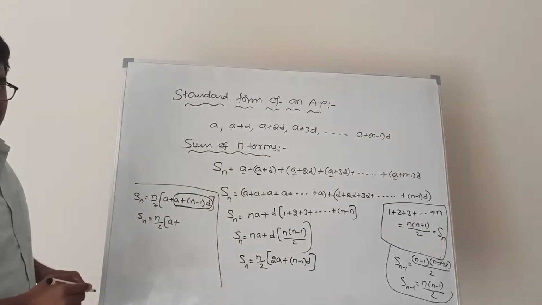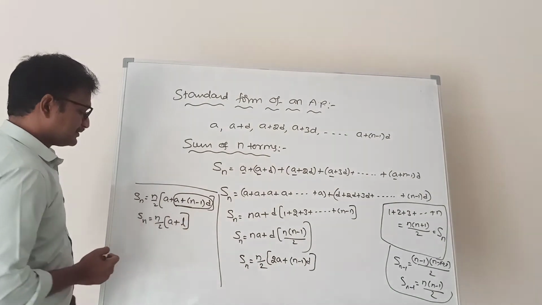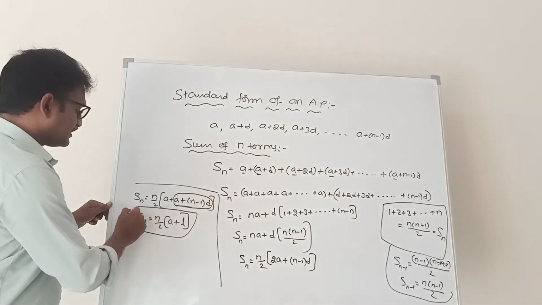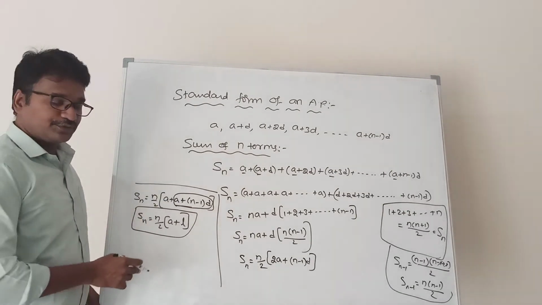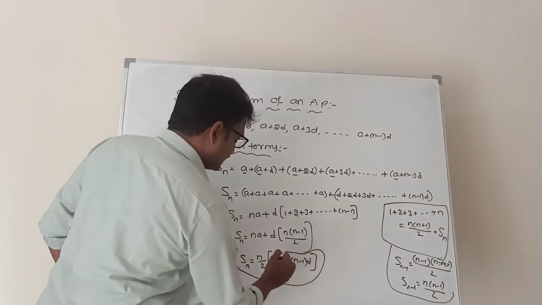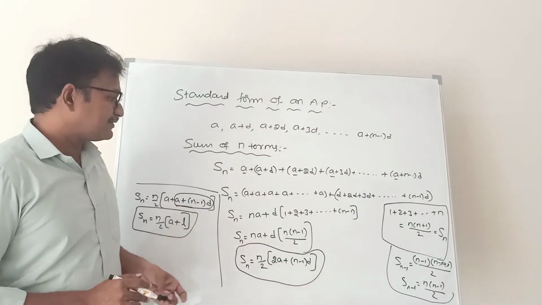The nth term is also called the last term, so we will denote the last term with the letter L. So this is the formula for sum of n terms: n by 2 into A plus last term. These two are the formulas for sum of n terms.